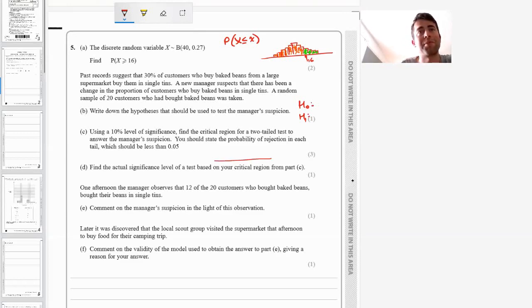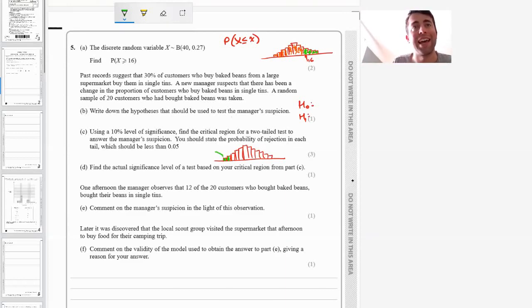I'm going to draw out my little bar chart again. Remember that if we have a certain significance level, in this case 10%, because it's a two-tailed test, we're separating it into 5% up that end and 5% down that end. But the actual probabilities that come out of the binomial when you do it on your calculator won't be exactly 5%.